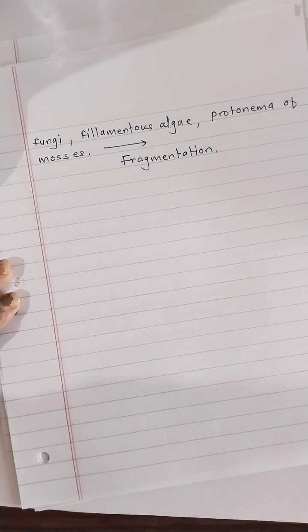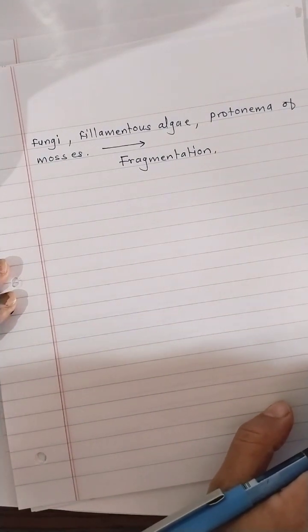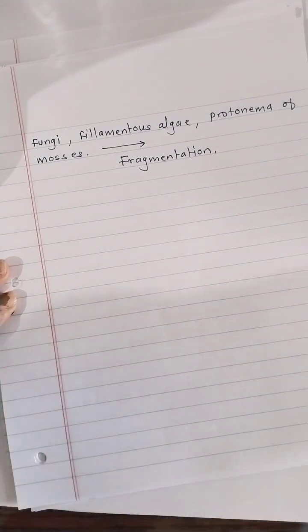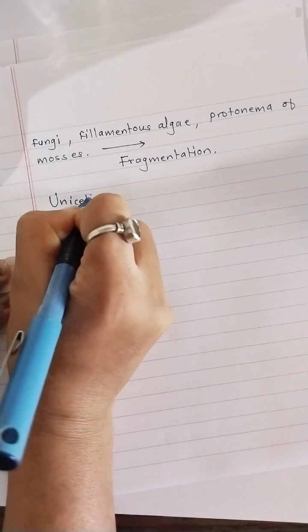Each part, each branch, separates and works as an individual. So we consider it fragmentation, seen in multicellular organisms. It is the same in unicellular organisms.